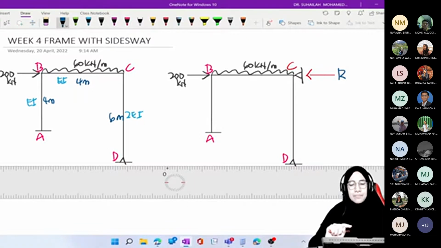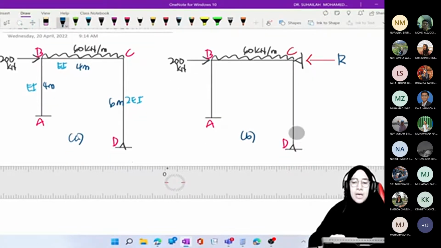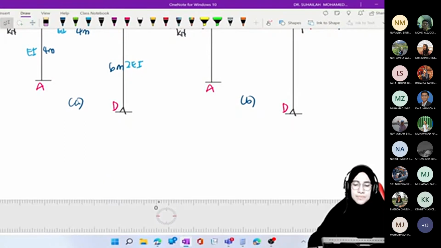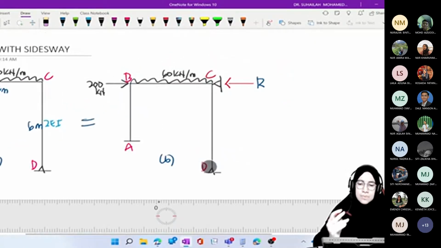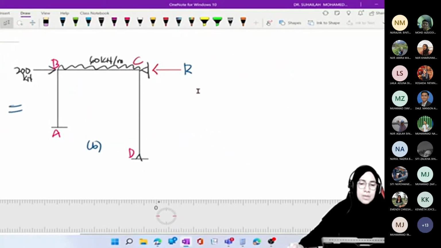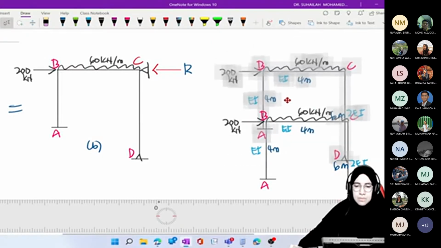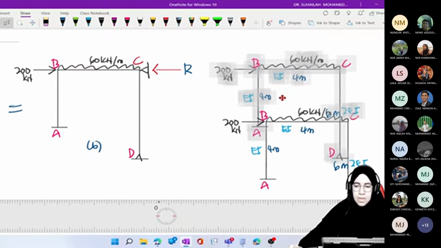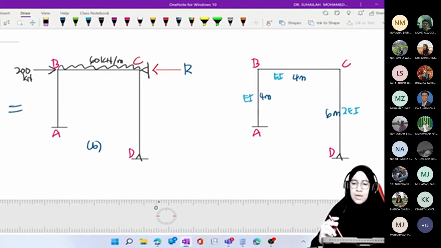Okay, this is B diagram. So this is A diagram, this is B diagram. Okay, so this is equal. This one you have to plus with the frame without external loading.